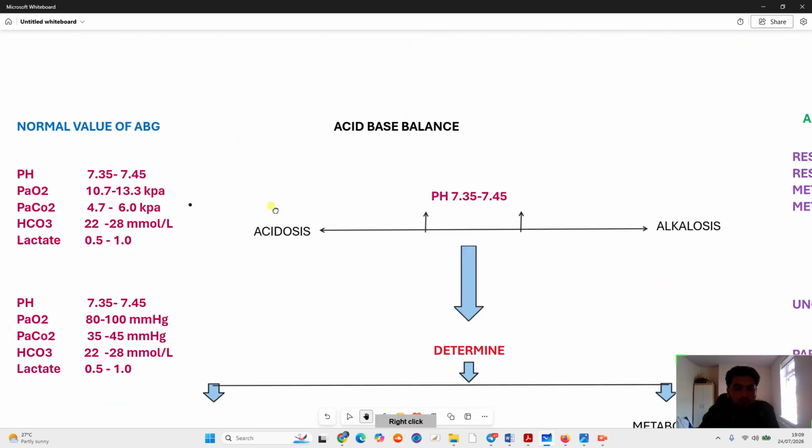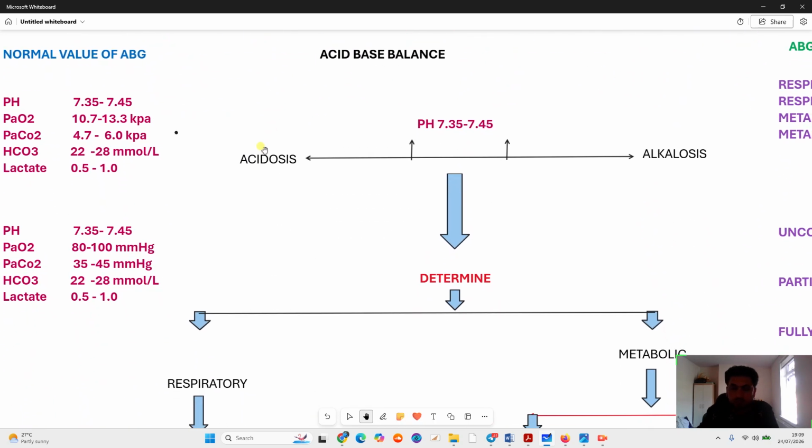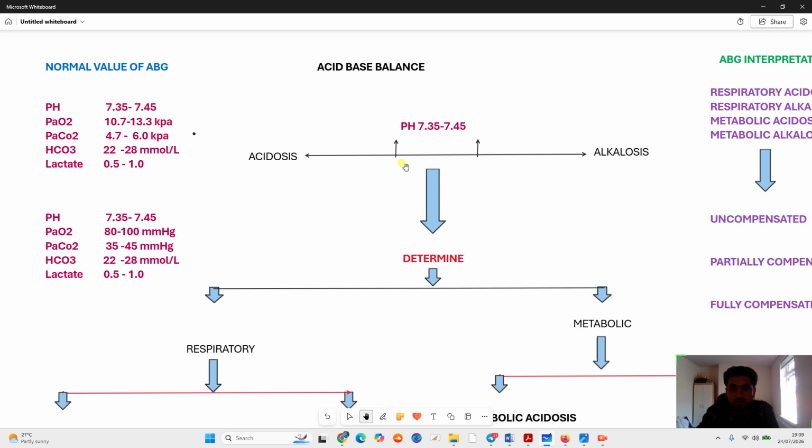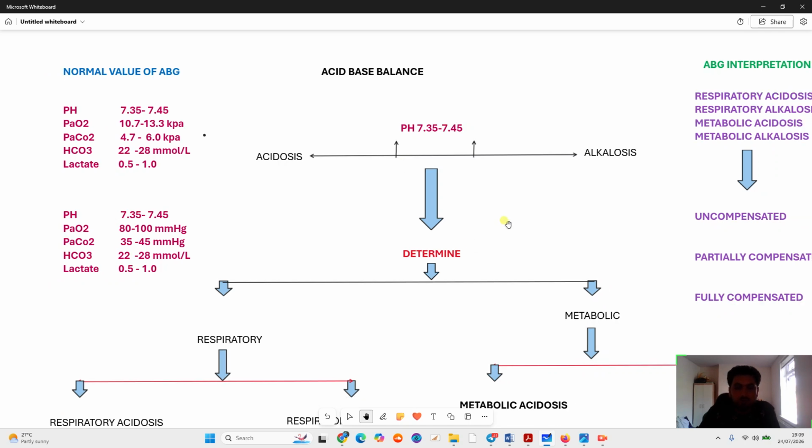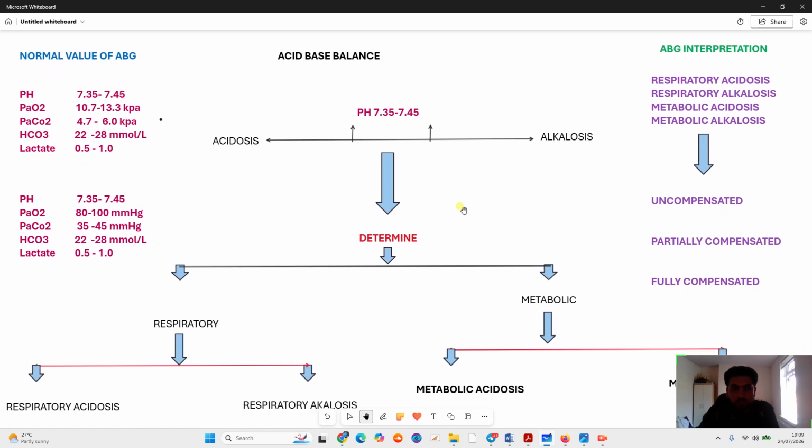If we look at the normal values of the ABG, every doctor has to memorize them. We have these parameters for the ABG. Every doctor has to learn and memorize these values.